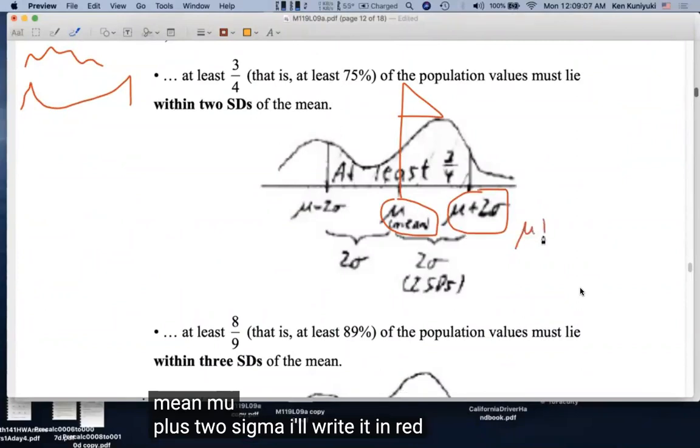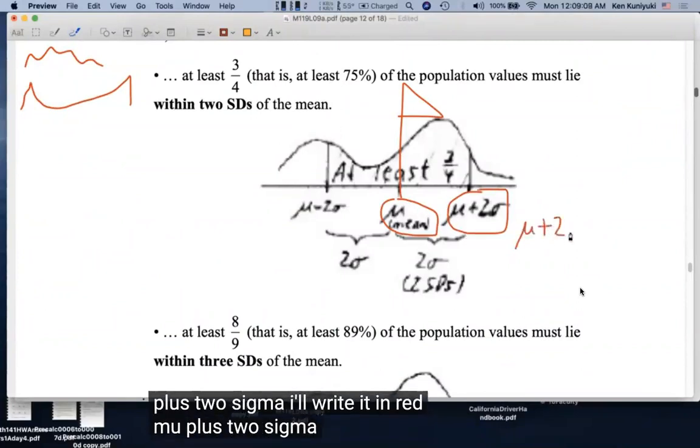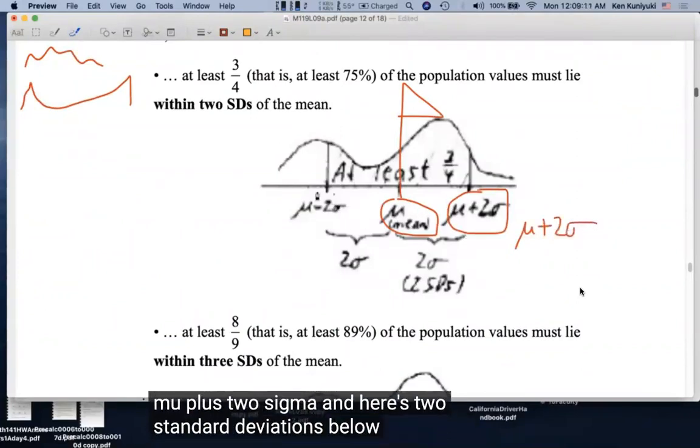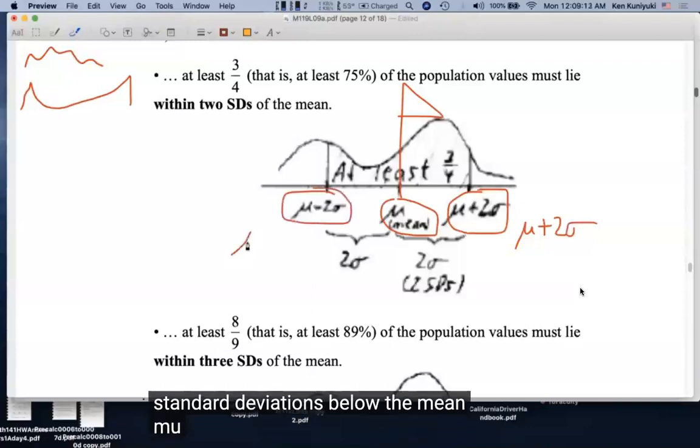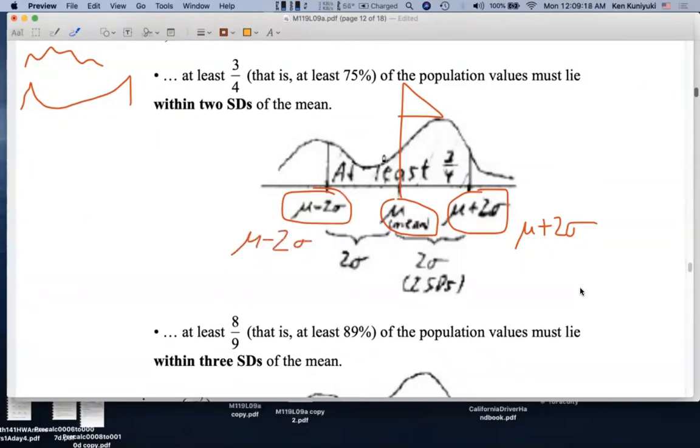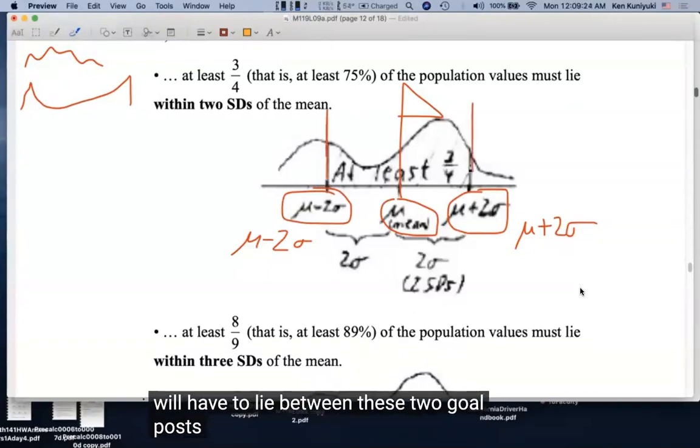And here's 2 standard deviations below the mean, mu minus 2 sigma. At least 3/4 or 75% of the data will have to lie between these two goalposts.